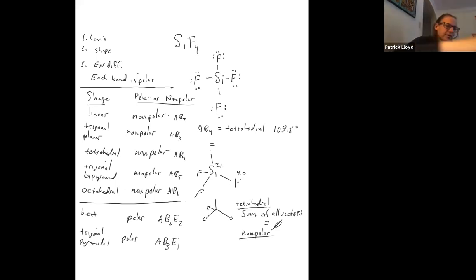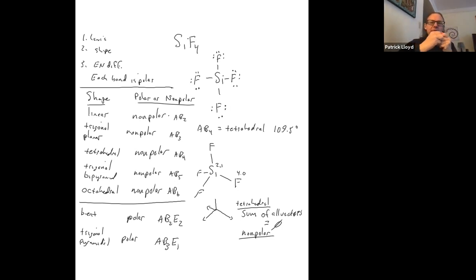So an example of that, I want to show you why they are. It's not obvious. So here's the bent arrangement. The lone pairs are not shown here, but that's okay. This is bent. The reason this one is polar is because this vector here and this vector here don't cancel.